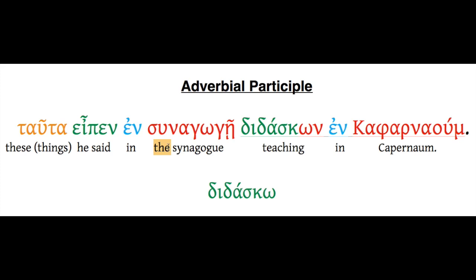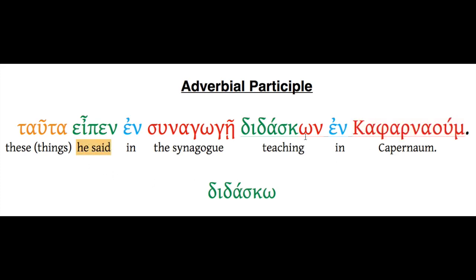Notice here that this is definite even though there's no article. Again, we have to get used to this idea that Greek doesn't use the article the same way as English in many cases. These things he said in synagogue, didaskon, in Capernaum, teaching in Capernaum.